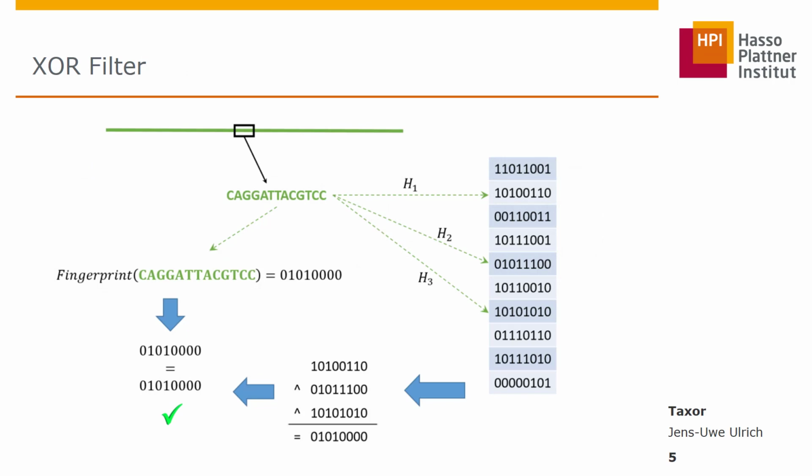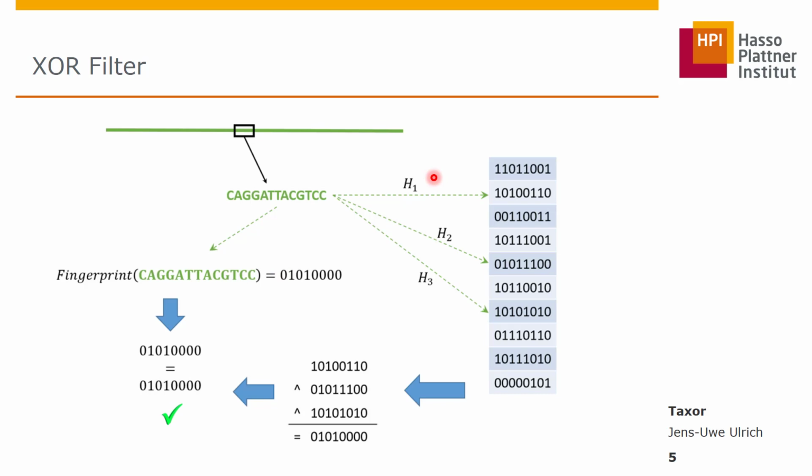Indexing a given reference sequence using an XOR filter works as follows. We first generate all possible k-mers of the sequence and initialize an array of 8-bit values with zeros. When we want to insert a k-mer into our XOR filter, in this case a 13-mer, we need to calculate first an 8-bit fingerprint value for that k-mer.